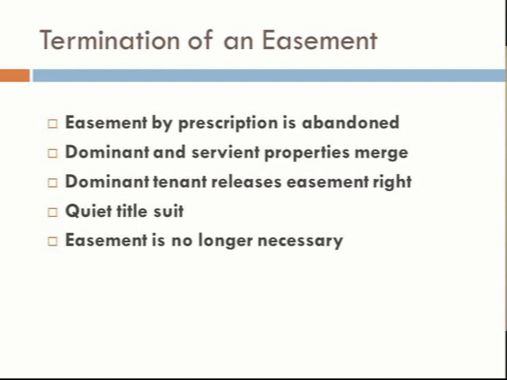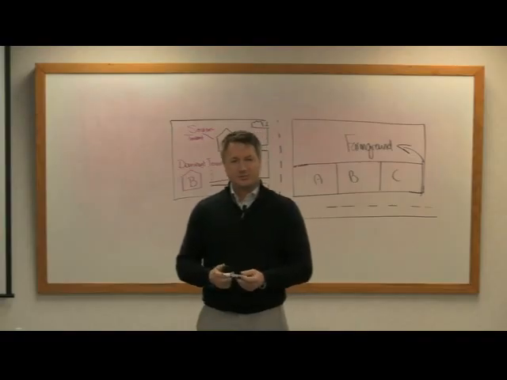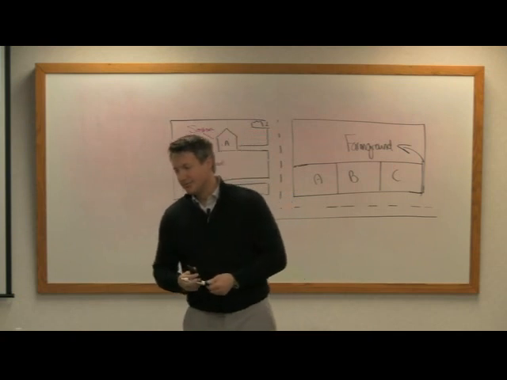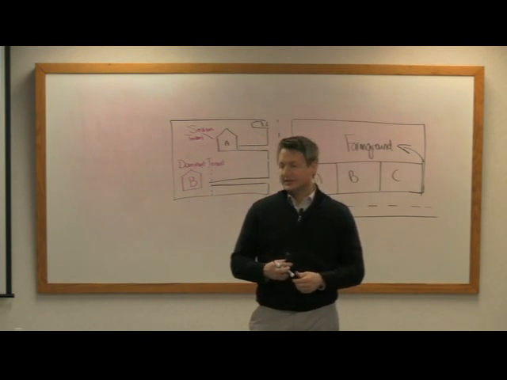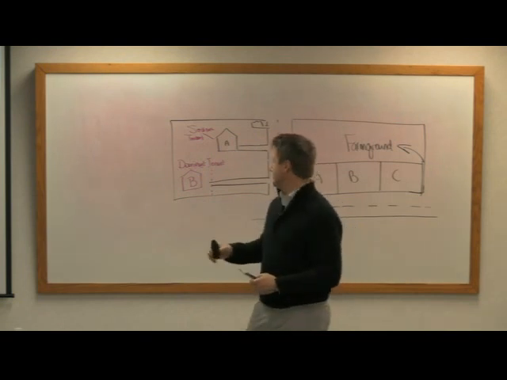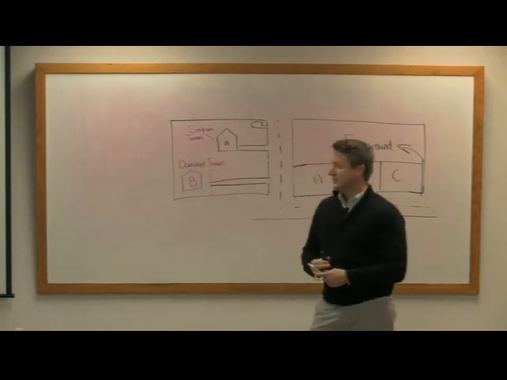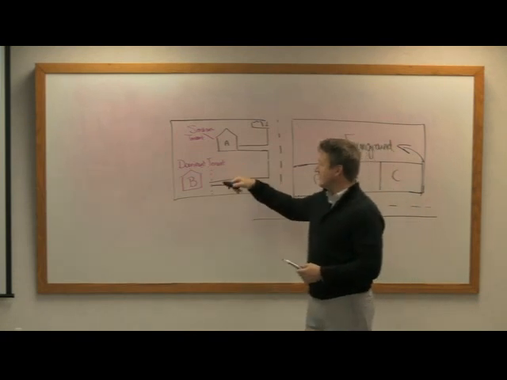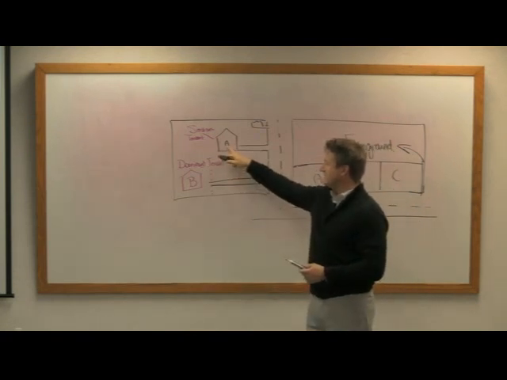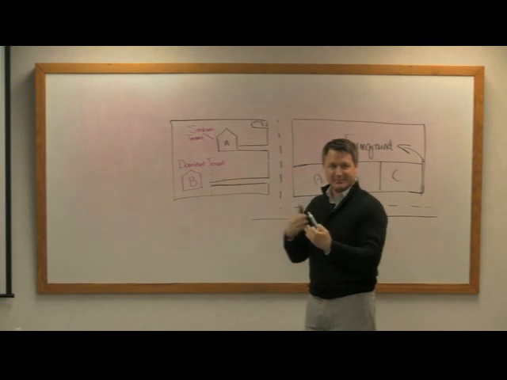Easements terminate in different ways. It depends on the different easement that they would have. If it's an easement by prescription, it'd be where the property would be abandoned, no longer needed, the owner's not there. A dominant and servient tenant, such as this example, they would merge. So, for example, let's say A is single and B is single and they get married.